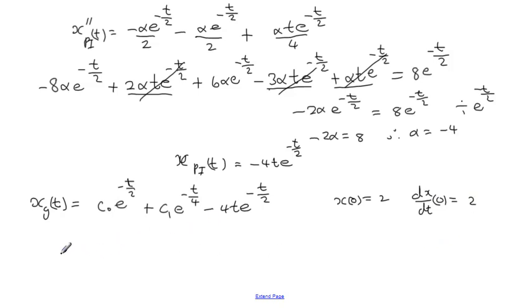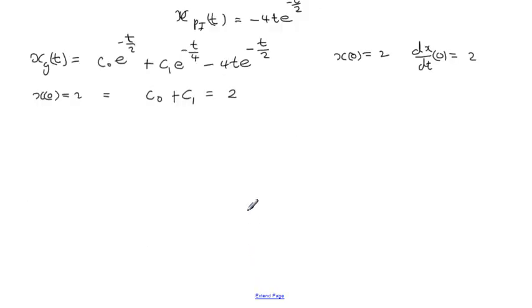So what we're going to do here, x at 0 equals 2 implies that, when you substitute here, you get c0 plus c1 equals 2, because here when you put 0, this is going to vanish.